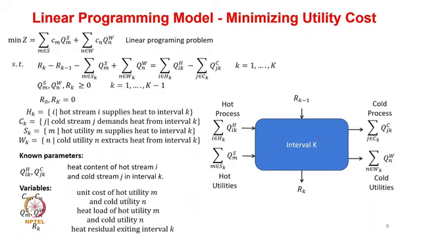You feed that to the optimizer, and the optimizer would steadily give you the values of the unit cost of hot utility and cold utility, and the residual heat, and correspondingly you can find Q, the heat load of hot utility and cold utility.